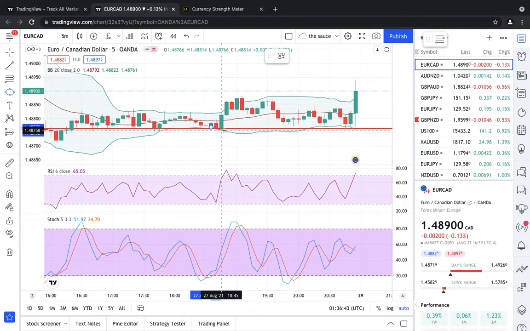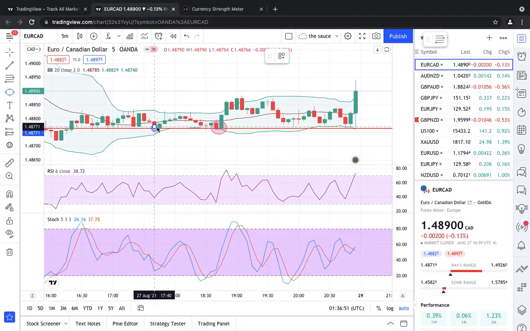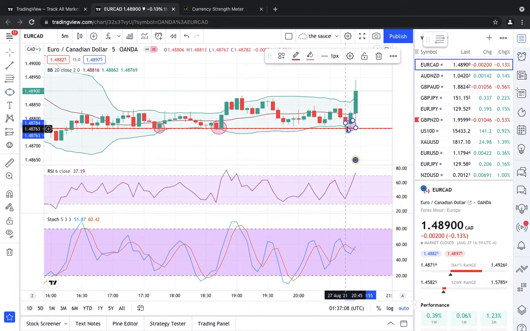Here, here. These are key areas. These are areas that you're looking to get into the market.